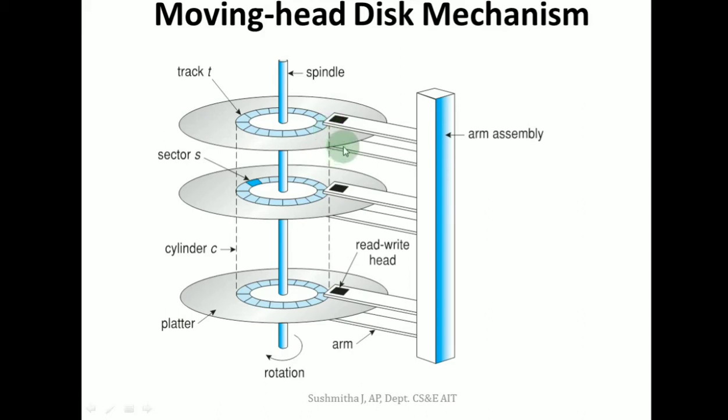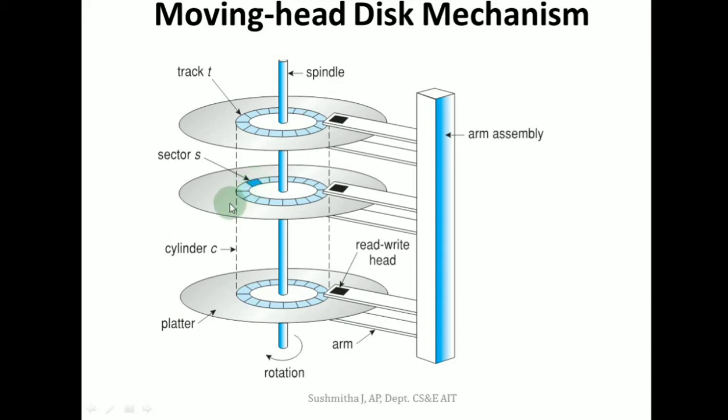The next thing we have is the division of this platter. The platter is logically divided into tracks. You can see these circles, which go on up till the end, and these are your tracks. Each track is again subdivided into sectors. You can see a little darker blue here, that is your sector.